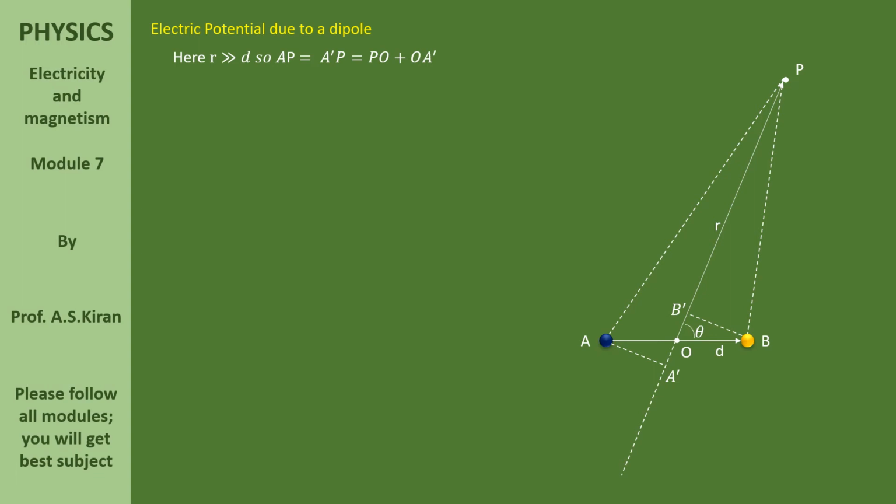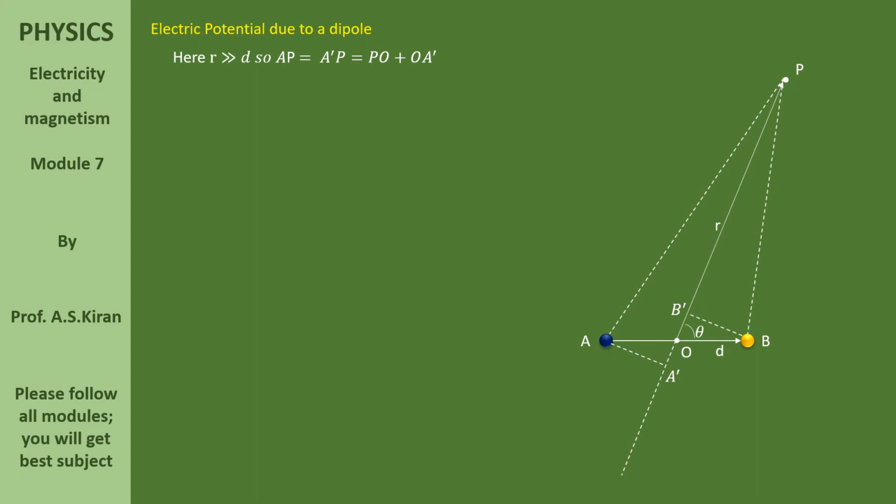This gives us geometrically the property that PA and PA dash are approximately equal. Let us observe in the diagram, AP and A dash P are both the same. Why? Because d is very much smaller than r.